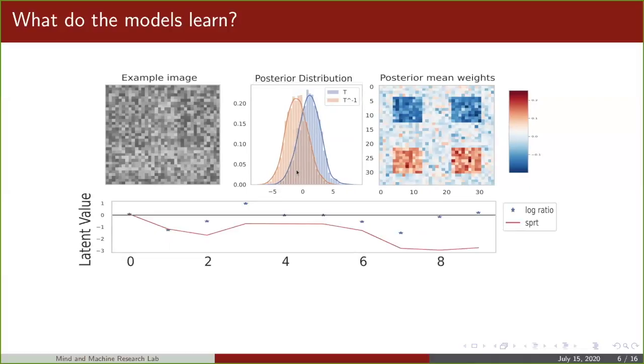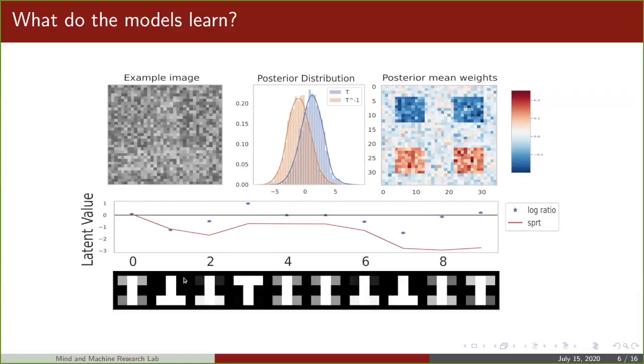Now, we can take samples from this representation, and here we can see some samples from the model, and here is the value in latent space. These are different samples. You can see how performing an SPRT will create some uncertainty, because some samples are on the wrong side of the midpoint of the decision boundary.